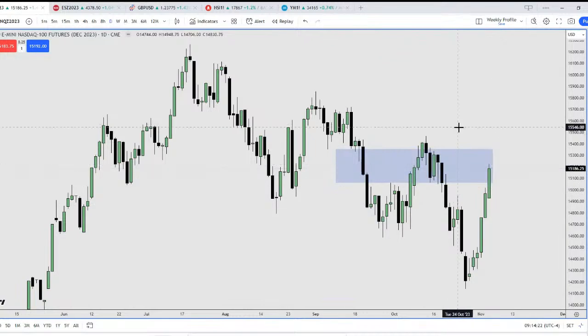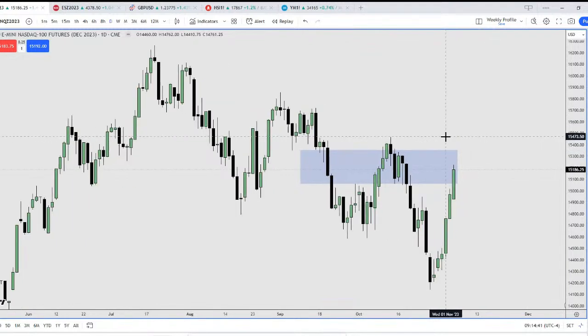Okay, so best case scenario, I would prefer this high here to be validated, which means that it trades above this high and then finds support at this inversion fair value gap on the weekly time frame. Right, because the thing is that it could just run this high here as SMT.